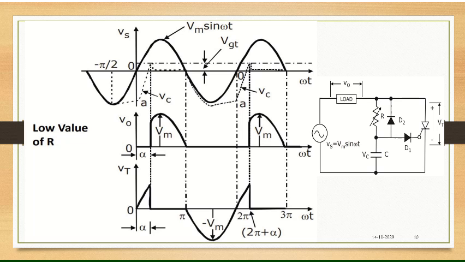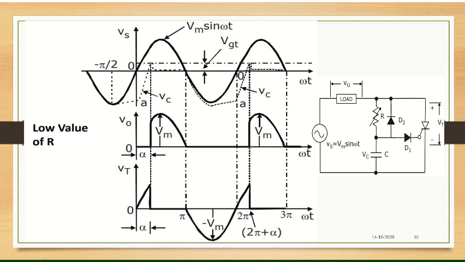So if you compare this RC triggering circuit with that of the resistance triggering circuit, in the resistance triggering circuit we were able to control this alpha only between 0 to 90 degrees, isn't it?